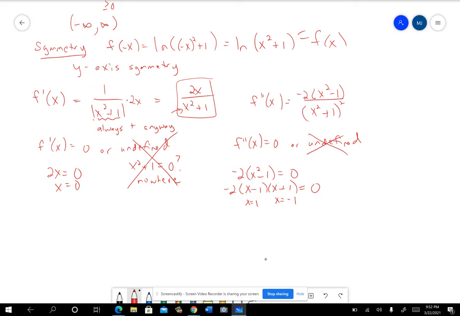And then you don't get anything from the -2 because there's not a variable with it. -2 can't equal 0, so that doesn't give us an answer. Okay, so possible inflection points are going to happen at 1 and -1. The possible max or min is going to happen at 0.